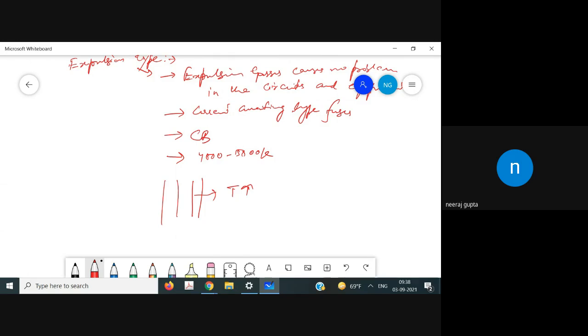Whenever the temperature increases in that fuse, the materials located in close proximity of the fuse element rapidly create gases because of the heat.